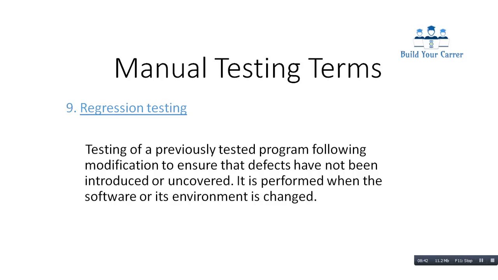Or say even if there is a bug while adding two values, and developers fix it, then we have to perform regression of all addition, subtraction, multiplication to see that the fix on addition should not disturb our existing functionality. And we have to perform regression testing in our day-to-day life.